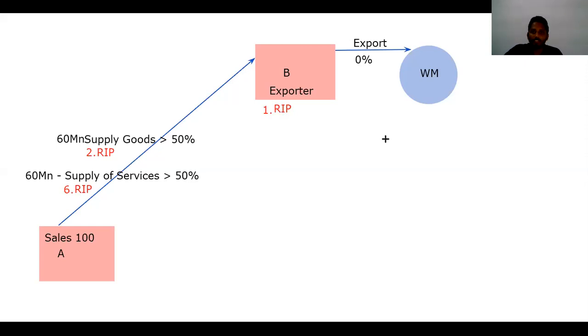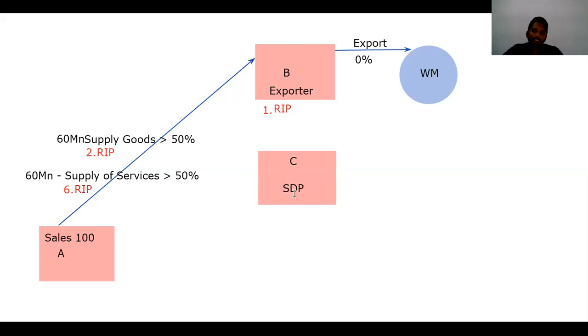I'll draw that scenario also. Here, let's assume this person is SDP C. This is C. They registered under SDP, Strategic Development Project, under the Strategic Development Project Act.